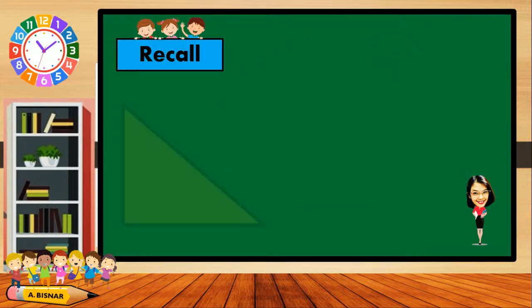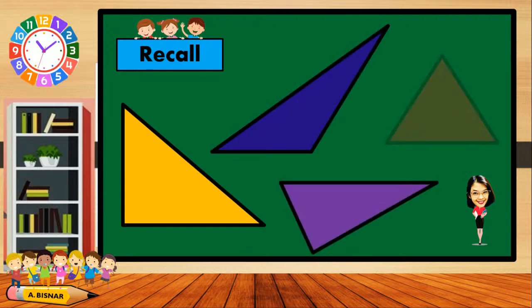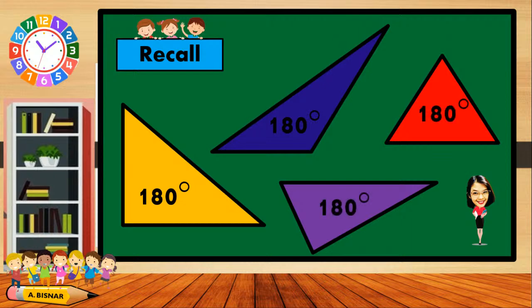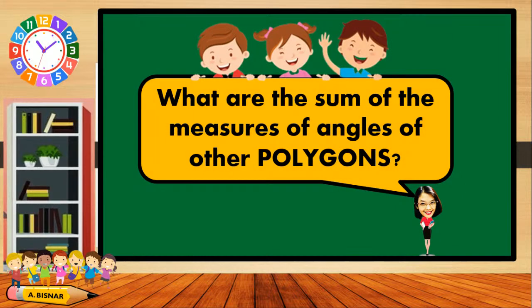So for example, with these illustrations, we have different types of triangles. But the sum of it will always be 180 degrees. Ayan palagi yung kabuuan. So, in here, we're going to find out what will be the sum of the measures of angles of other polygons.